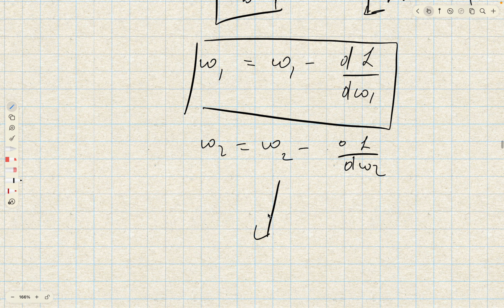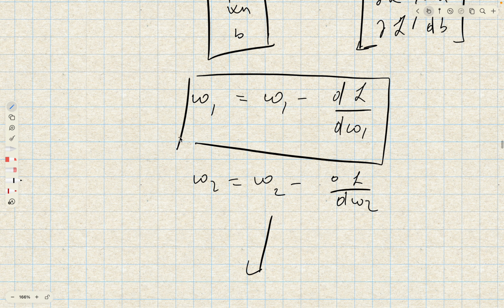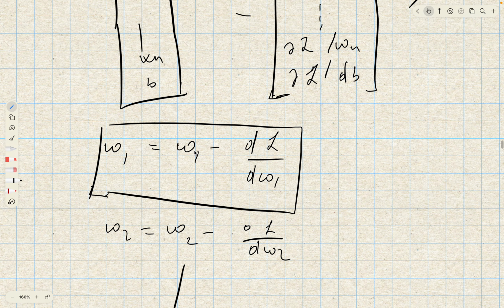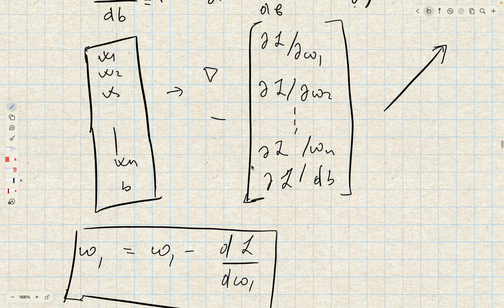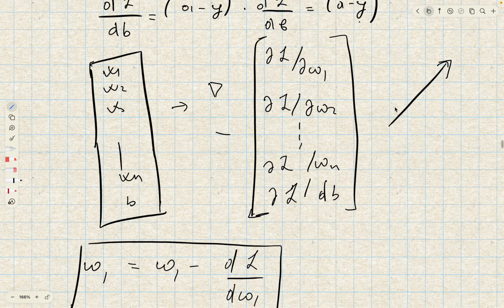What it means is that we try to get to the minimum point of the function, because at the minimum point these derivatives will be zero.